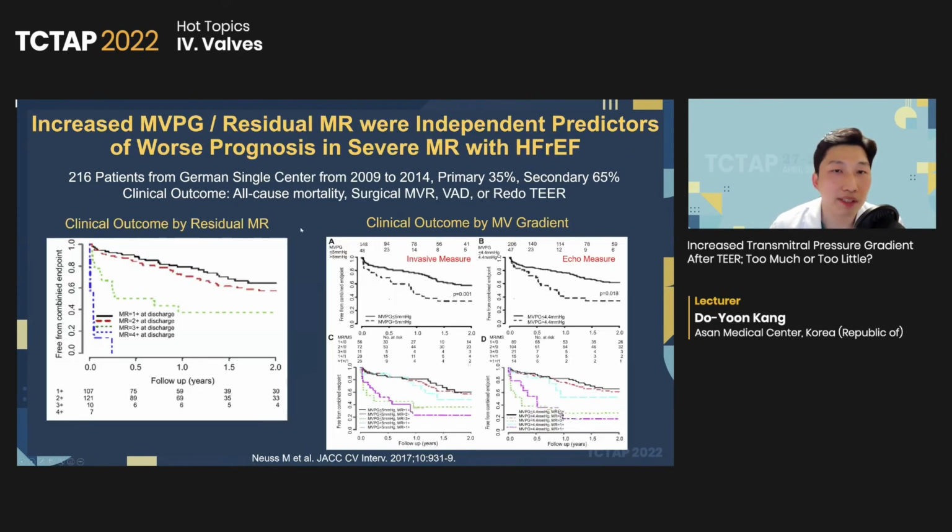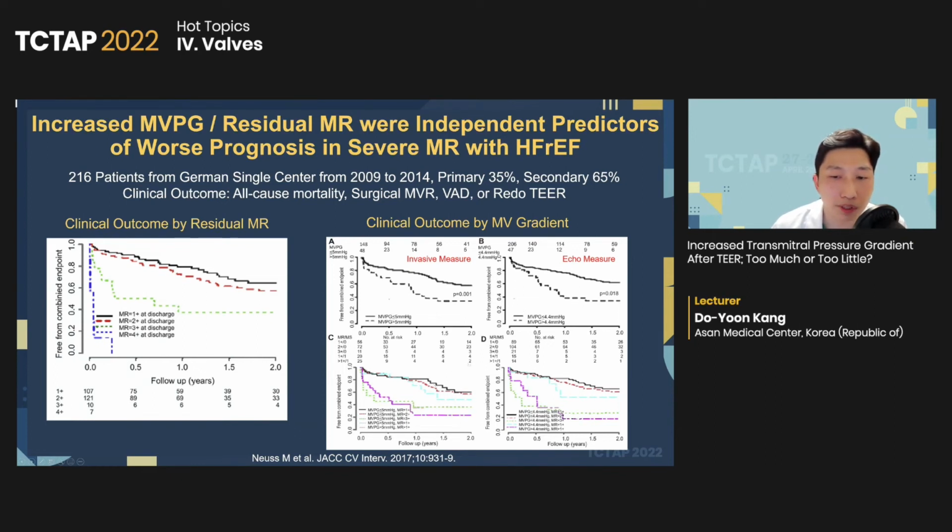Another German single center study from 2009 to 2014, with a majority of secondary MR, showed that the clinical outcome of all-cause mortality, surgery, VAD, or LVAD procedure was worse with a higher degree of residual MR and worse with a higher degree of mitral valve gradient, 5 on the invasive measure and 4.4 by echo measurement.